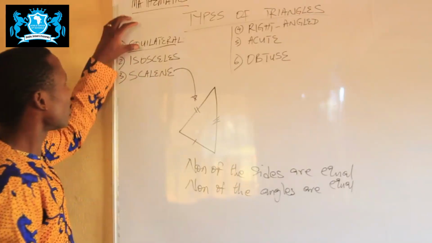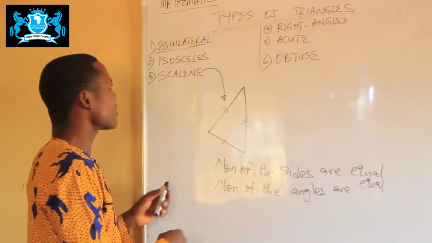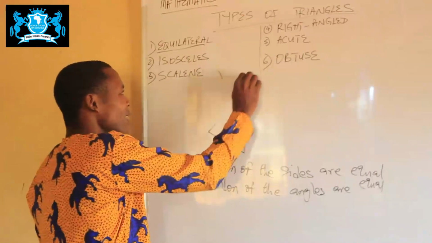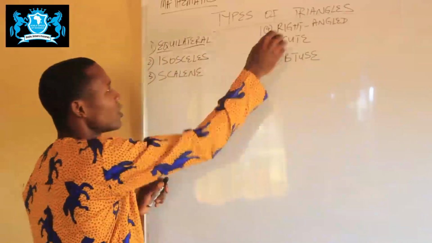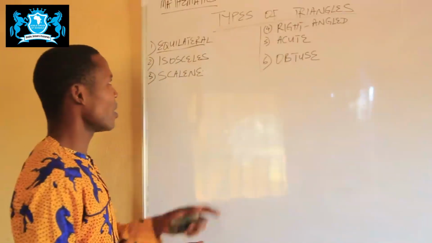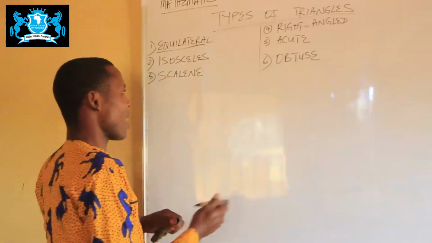That is it for classifying triangles based on their sides. Let us now go into classifying triangles based on their angles. The first one we'll look at is the popular right angle triangle.